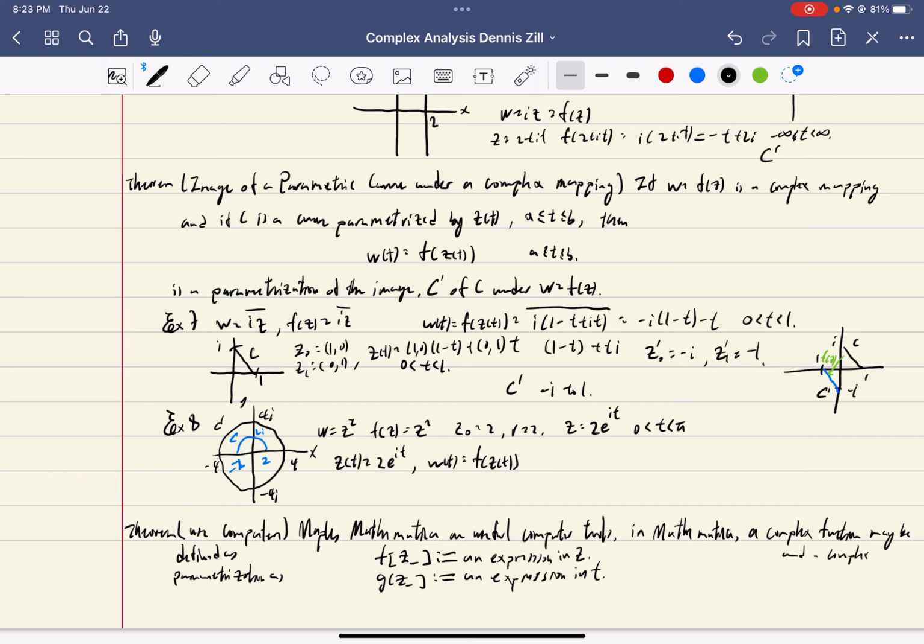That is equal to, if we replace z over here and then square it, 2 squared, that's 4, and then we multiply it, that is e^(2it), right? And it still goes from 0 to pi.